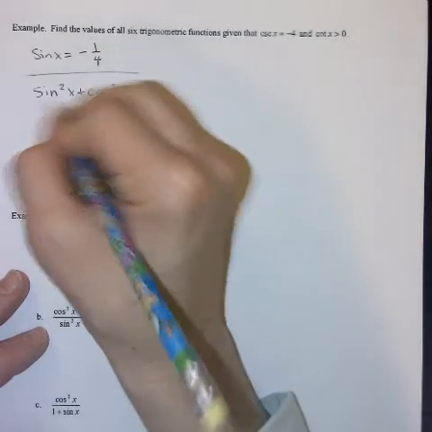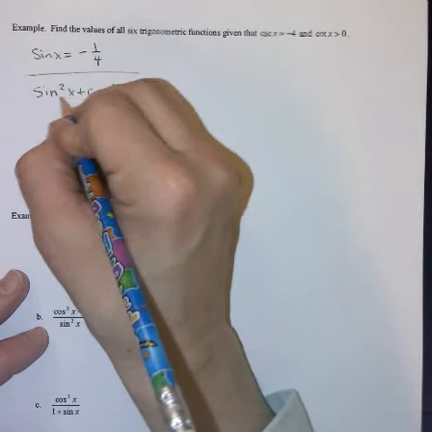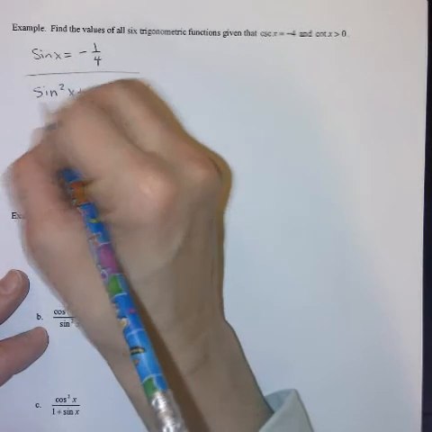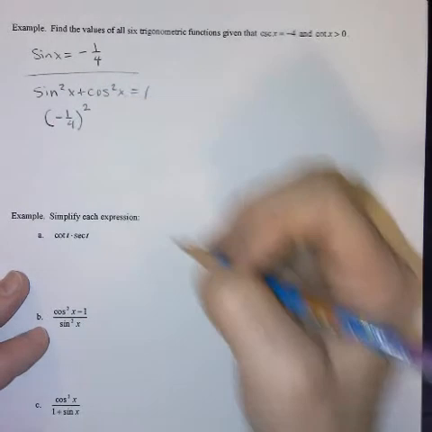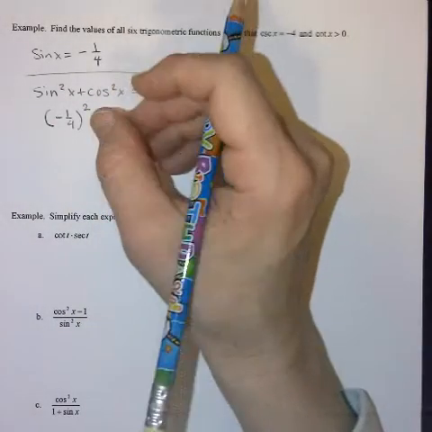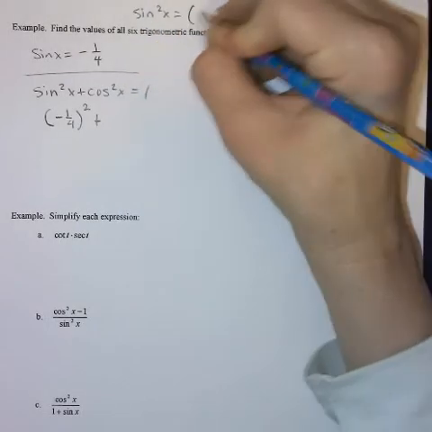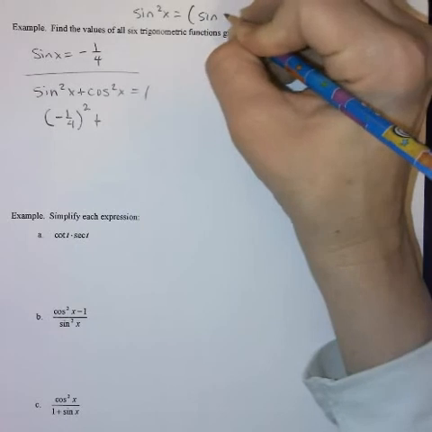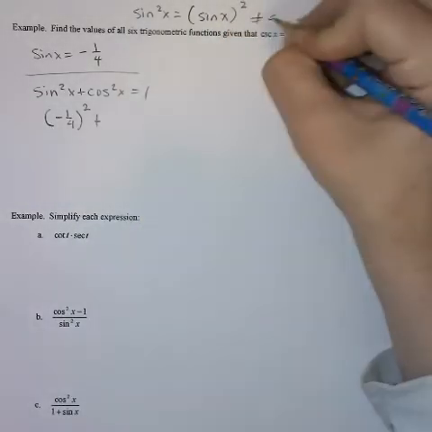Replacing sine of x with -1/4. So remember, sine squared x is the sine of x squared, so it's -1/4 squared. Plus, so let me write down what I said, because when you say it, it's still not clear. It means this, right? Not this.